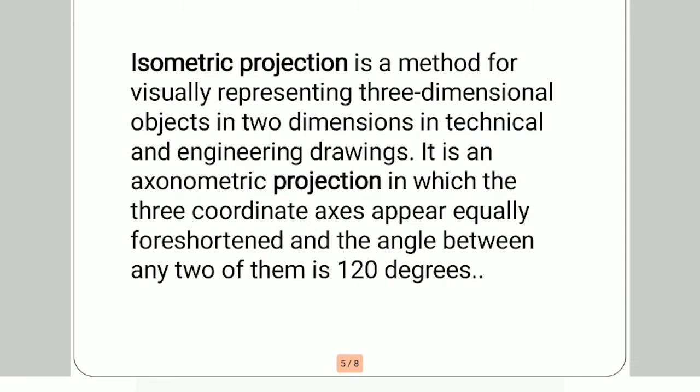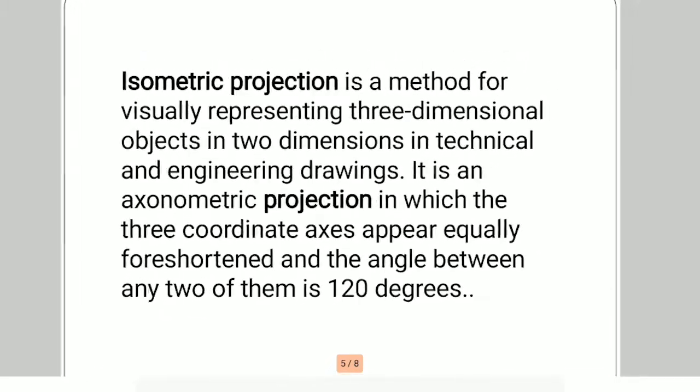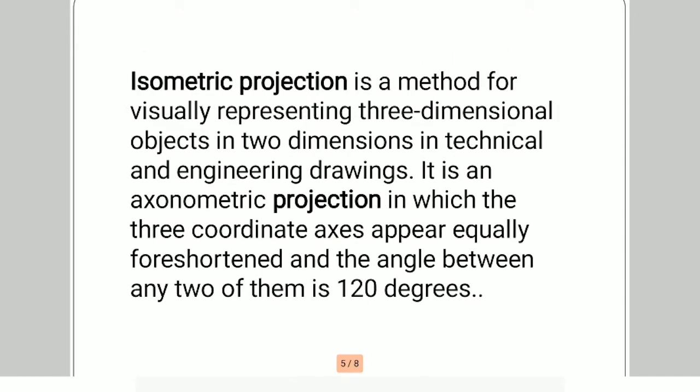It is an axonometric projection in which the three coordinate axes appear equally foreshortened and the angle between any two of them is 120 degrees. So this isometric projection is also called a 3D diagram or 3D projection.